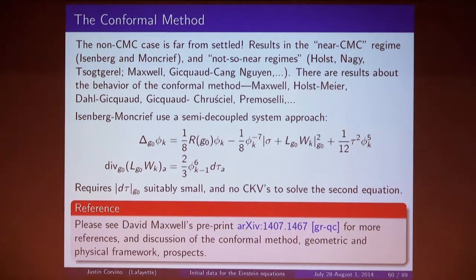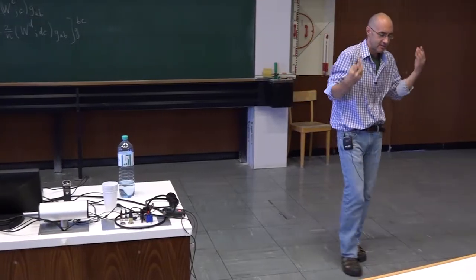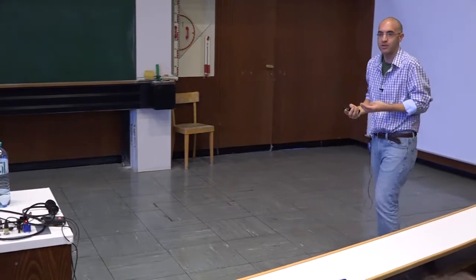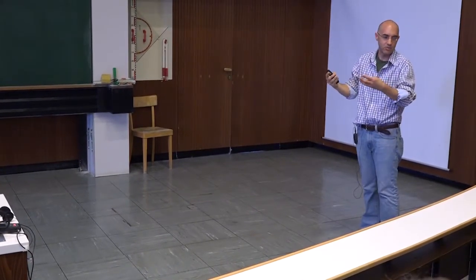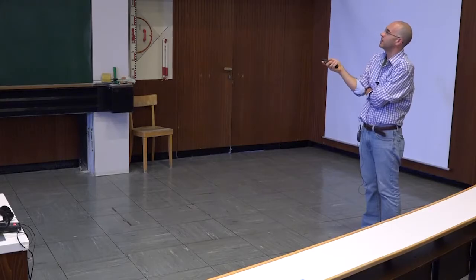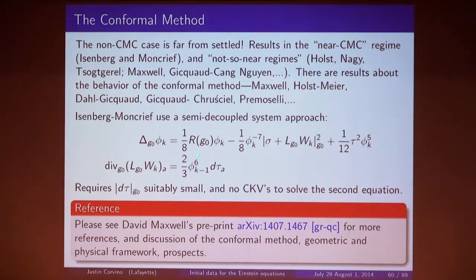One slide here, just to make a comment. The non-CMC case is kind of interesting and there are a lot of interesting results, but it's not so clean and clear what the overall picture is. There are results when d tau is somewhat small in some way. So d tau being 0 is tau constant, and we saw how to do that on the previous slide. When d tau is reasonably small, you can solve by an iteration scheme where you use this second equation.